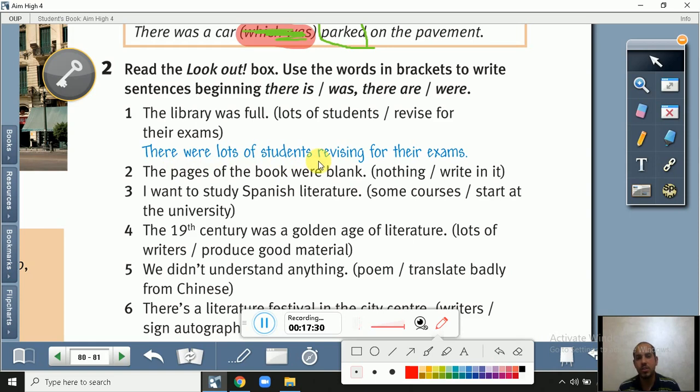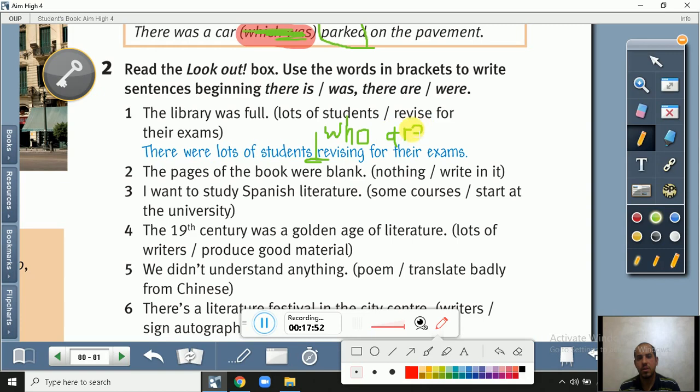There were lots of students who are revising for their exams. But I deleted this clause because it is followed by a present participle, by a verb ing, by the gerund.